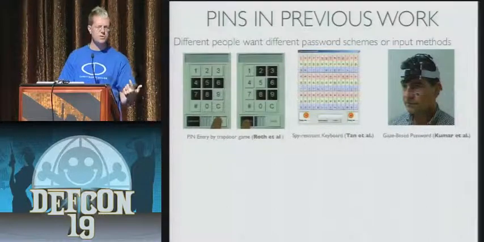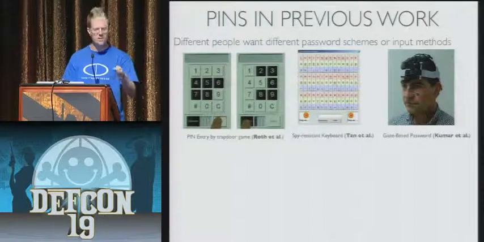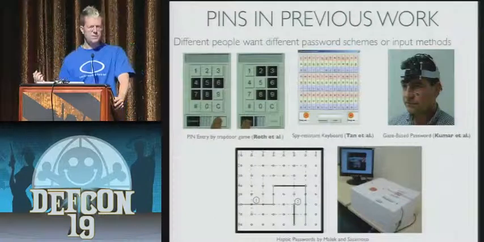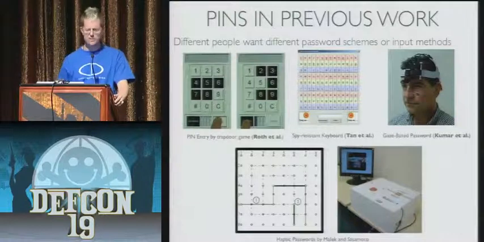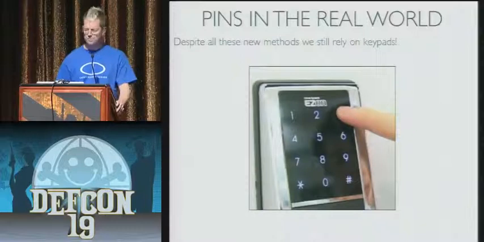Gaze-based password entry, so the idea is if you're not looking directly at the person, you can't see how they're moving their eyes around to log in. And then haptic password entry, which is some stuff that Andrea has been working on. So this is things that you feel. Haptic is using the modality of touch. But despite all this, keypads are still the norm.